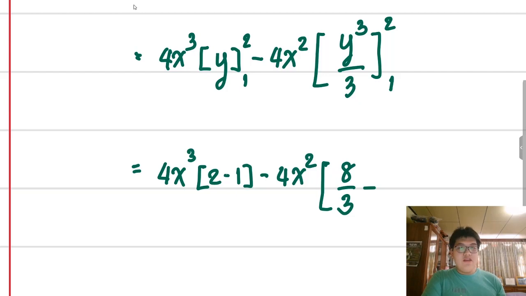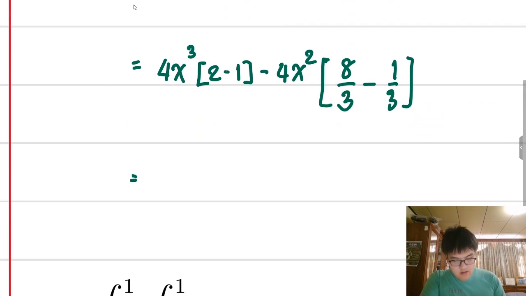It's 1 cubed, which is just 1 over 3. And then you will get 4x cubed, this one just leave it as 1, and then it will get 7 over 3 here.